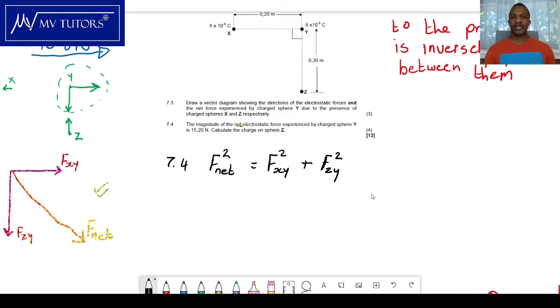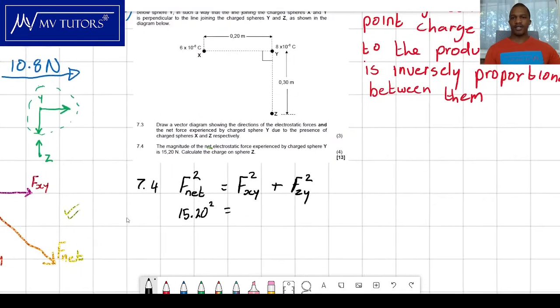Now they are telling us that the net one is actually 15.20, and we're going to square it due to Pythagoras. And the force of XY, we solved it up there, 10.8.